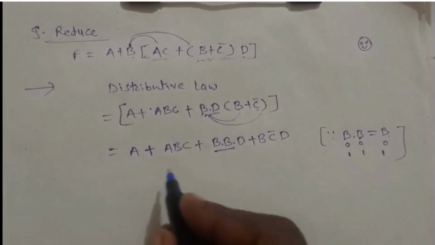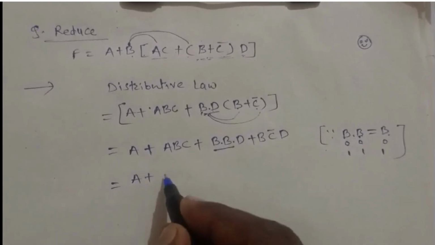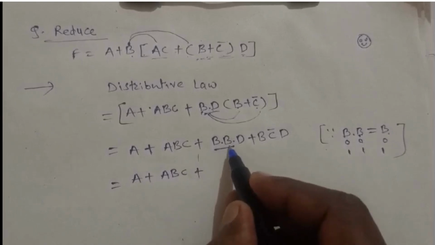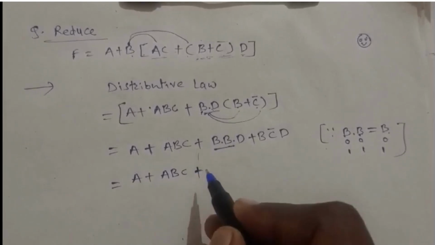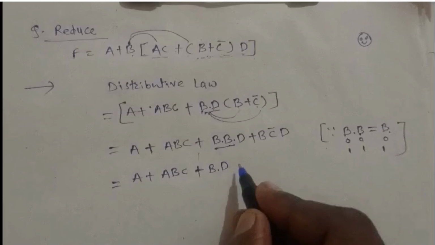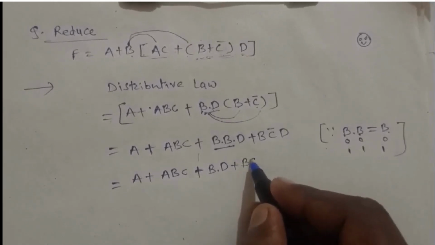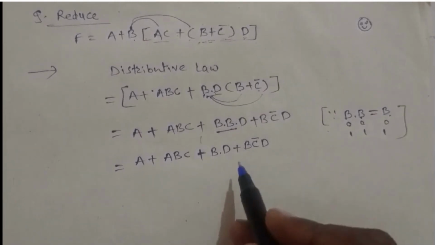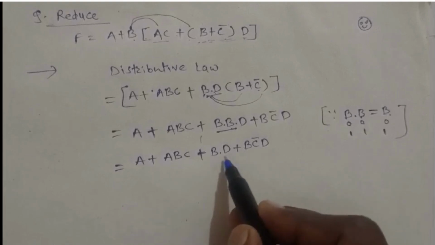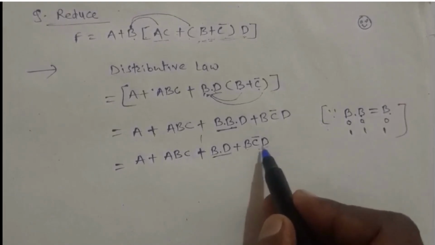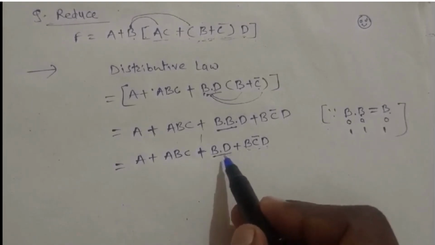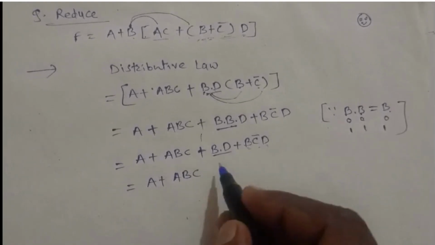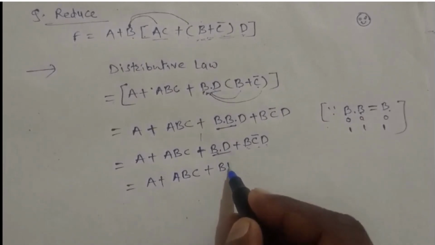Now what will happen? A plus ABC as it is, and here plus as it is, and out of this 2B, instead of this 2B we should take 1 B into D, and the remaining term B C bar into D. Now we should take common from these two terms BD, out of the bracket: A plus ABC as it is, plus this BD we will take common.